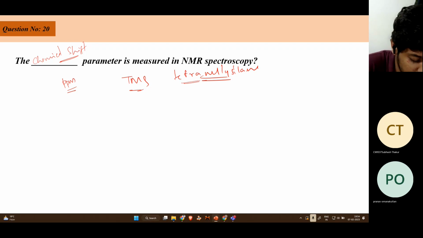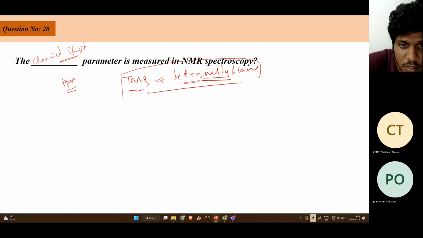NMR is nuclear magnetic resonance. We measure the magnetic field experienced by a nucleus relative to this particular compound. So this technique will also give us information about the chemical composition.